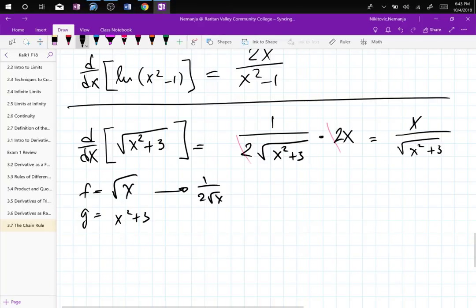If you are not that great with these calculations, all you need to do, guys, is to practice how to decompose. So f, g, h, whatever the next letters are, you can pick whatever you want.